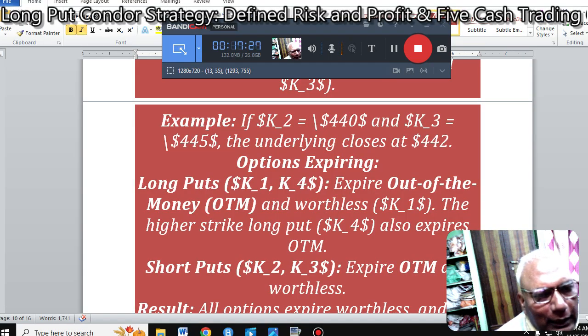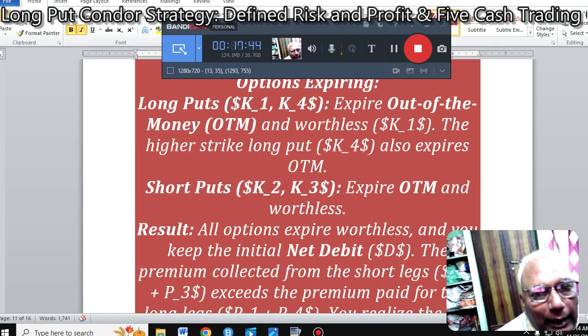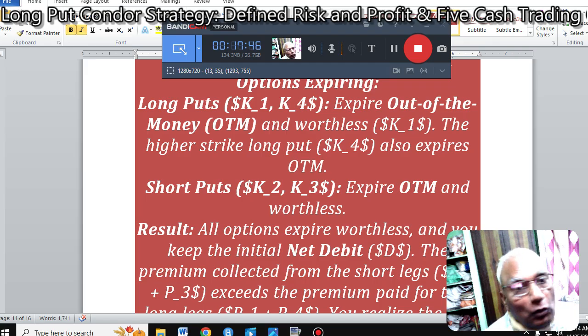Option expiration: the long puts K1 and K4 expire out of the money and worthless. The higher strike long put K4 also expires OTM.